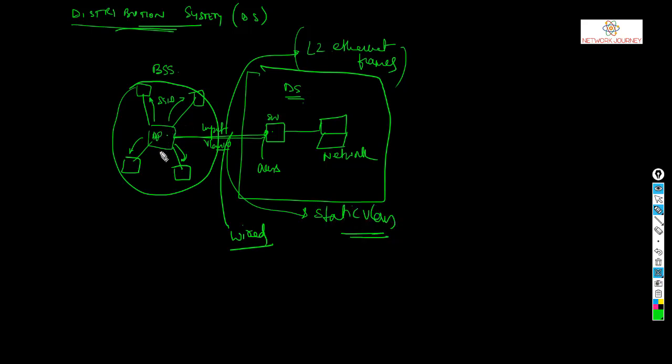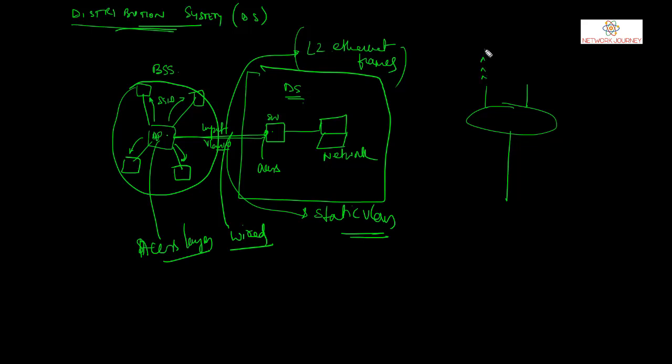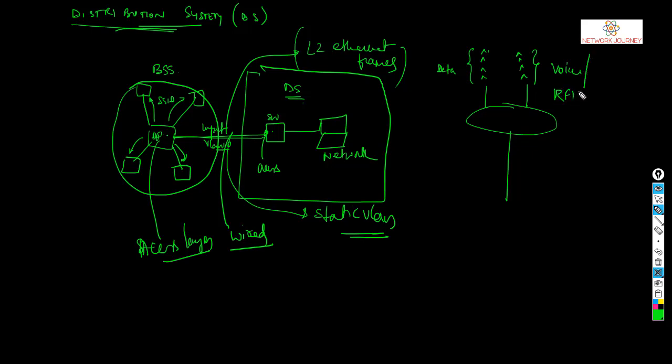Most of the time the access point works on an access layer port, but there are some access points which can also work in trunk. Let's say some access points need two different VLANs to be broadcast. Maybe one is dedicated for data, and the second is dedicated for voice or some other purpose like RFID.